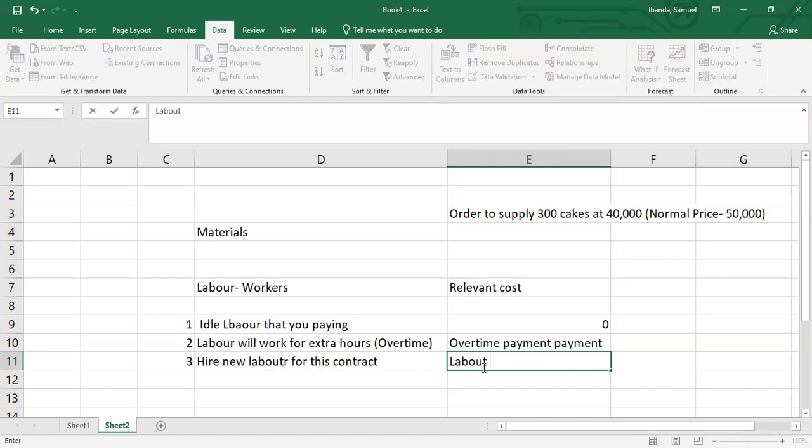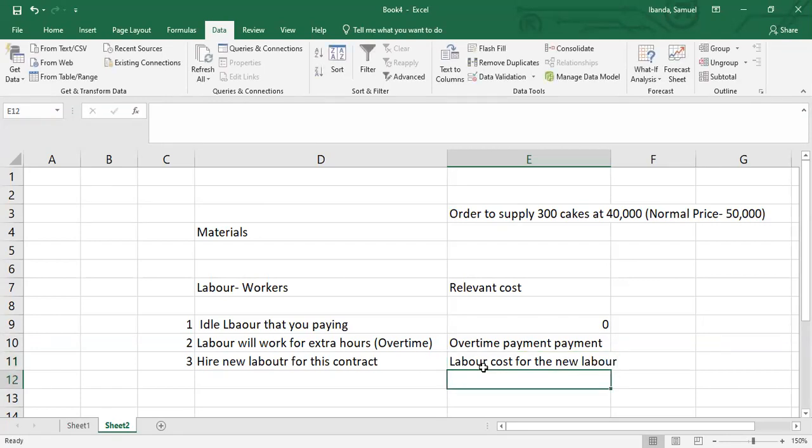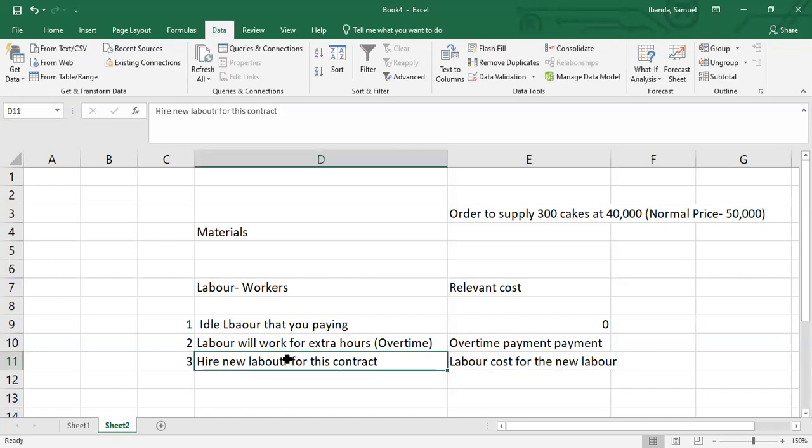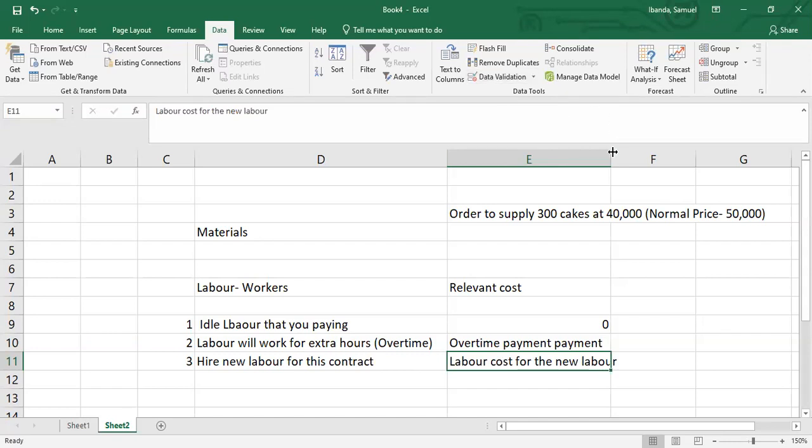Because you're hiring this labor specifically for this contract. You get it? So it will be the labor cost for this new labor.